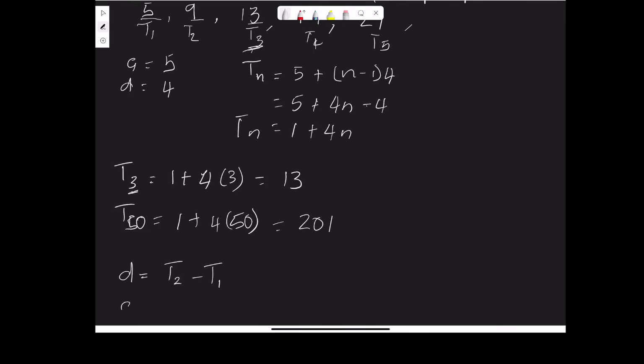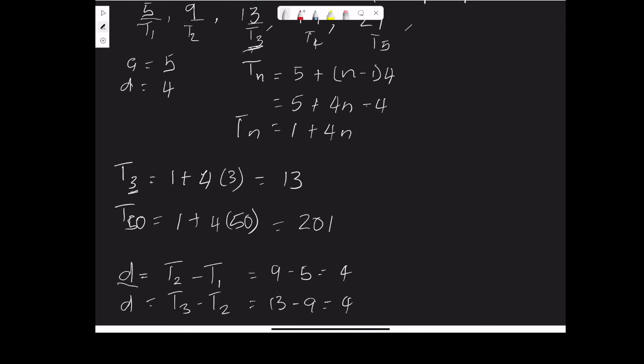But similarly, T3 minus T2 should also give me the common difference. So T2 minus T1 is 9 minus 5, that should give me 4. But even when I take T3, which is 13, minus 9, that also gives me 4.